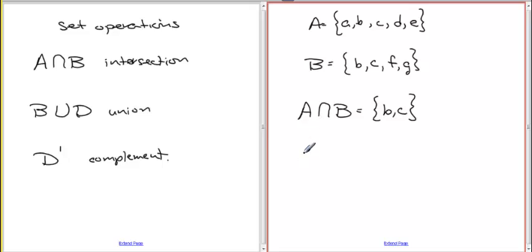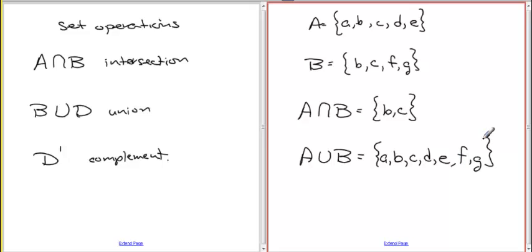When you do a union, say A union B, you list all the elements that are in both sets. You list out what is in A, and then you go to B, and since I've already got B and C, I don't need to do it again.